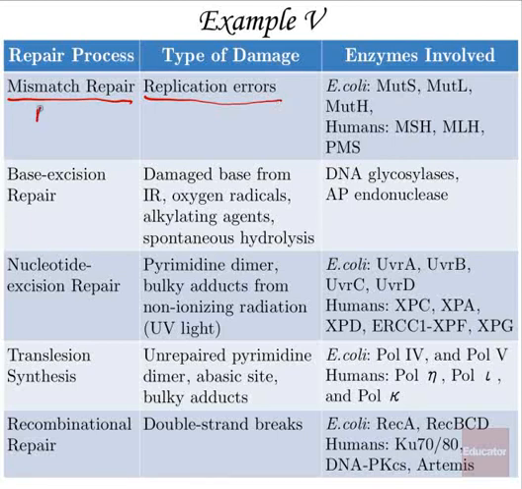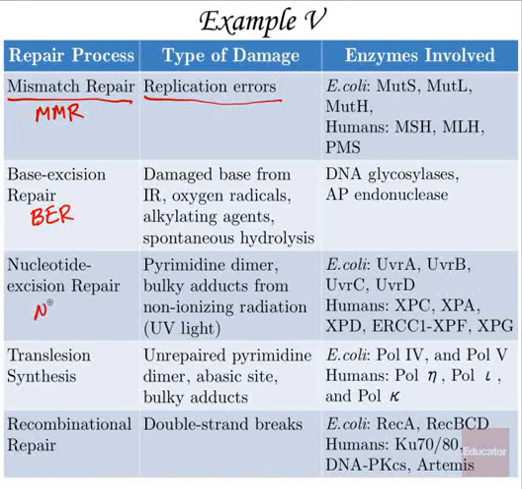Okay, and once again, mismatch repair is MMR. Okay, base excision repair, BER. That is usually used to fix damage caused from ionizing radiation, oxygen radicals, alkylating agents, or spontaneous hydrolysis. And the enzymes involved are our DNA glycosylases and AP endonuclease, and this is for both prokaryotes and eukaryotes.